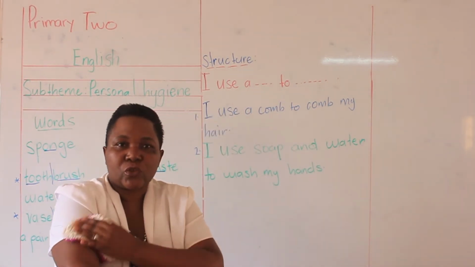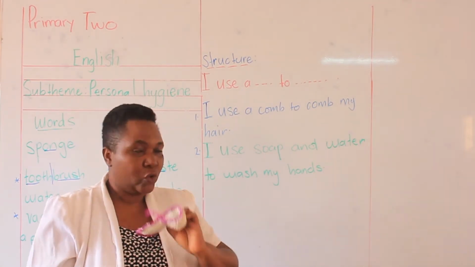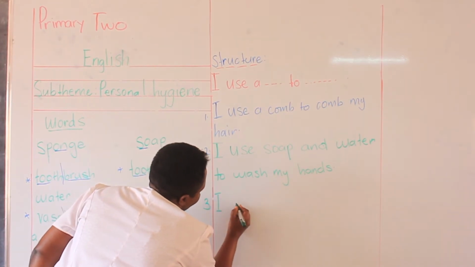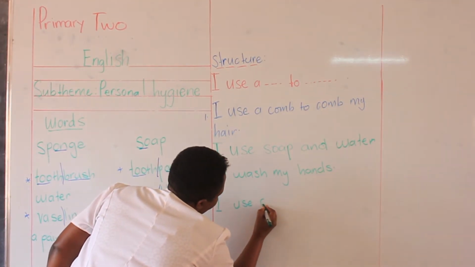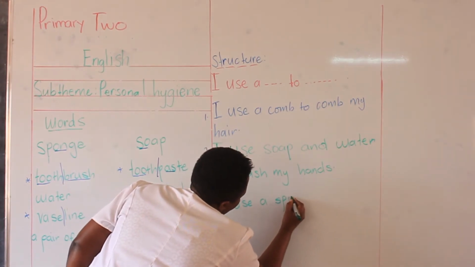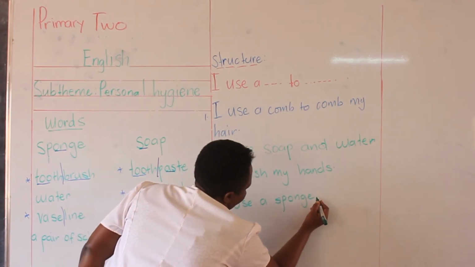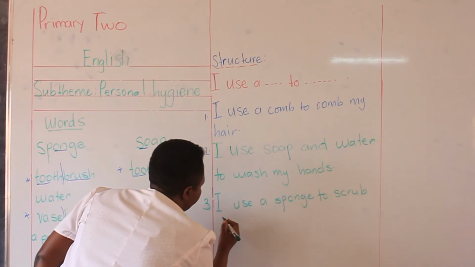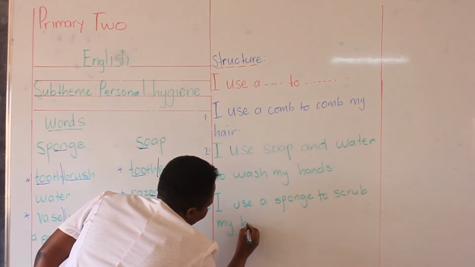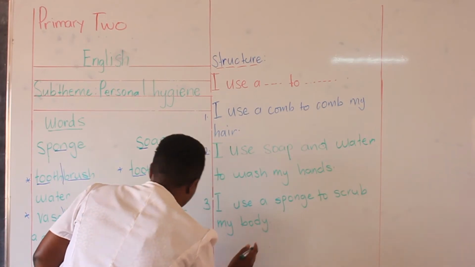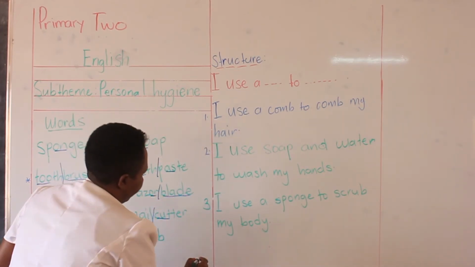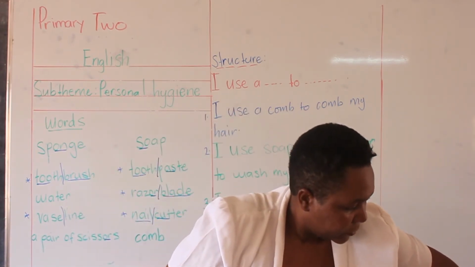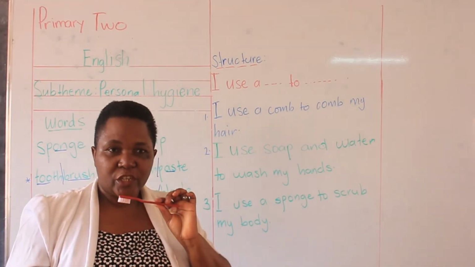I use a sponge to scrub my body. And we can have our last sentence as I use a toothbrush to brush my teeth.